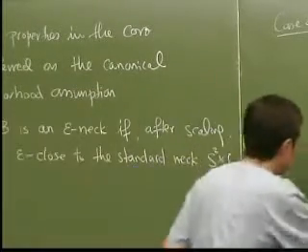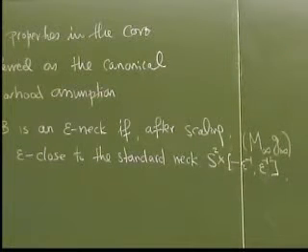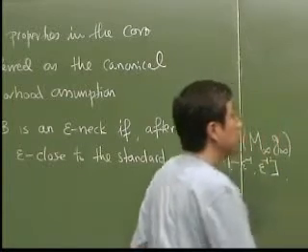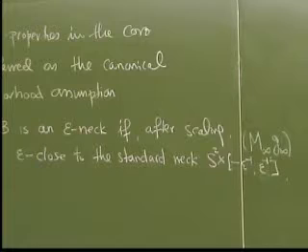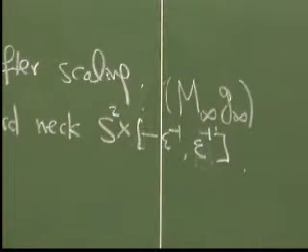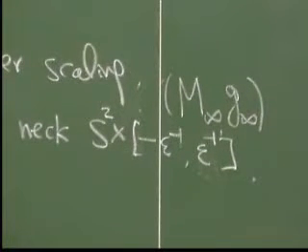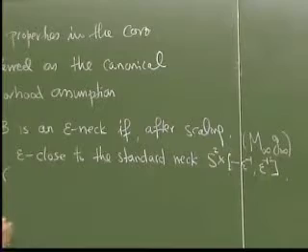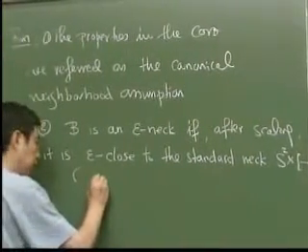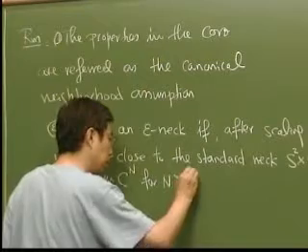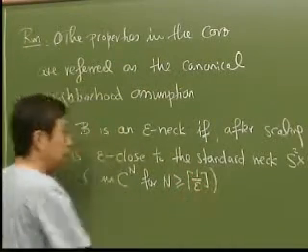And epsilon close here means in a Cn topology for n big enough.